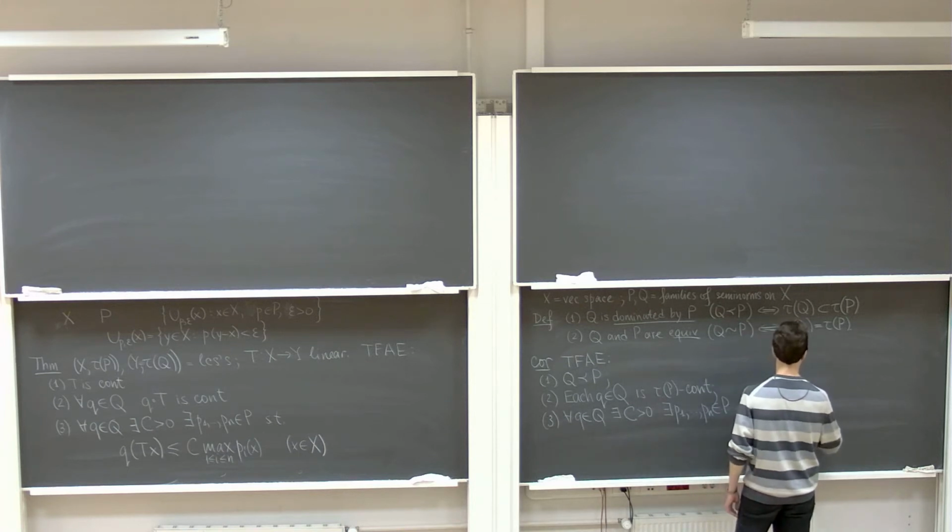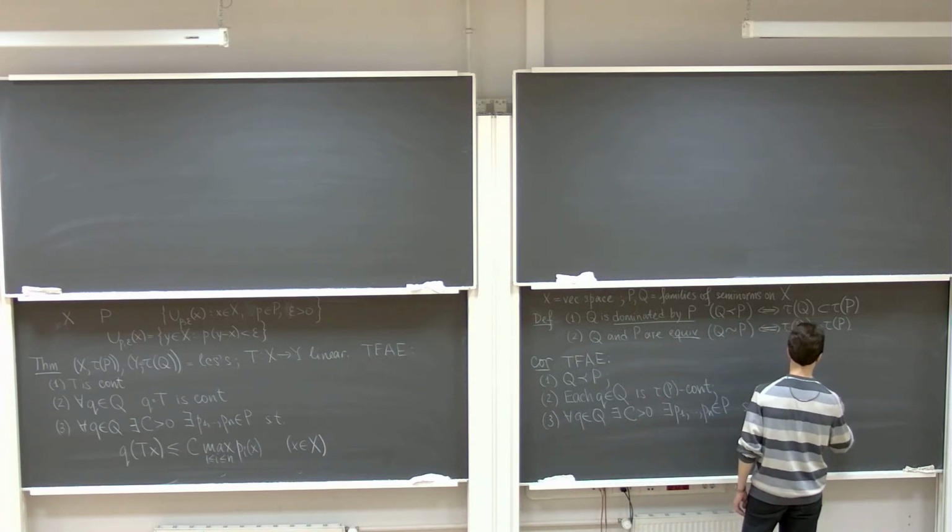So q is dominated by the finite maximum from 1 to n.